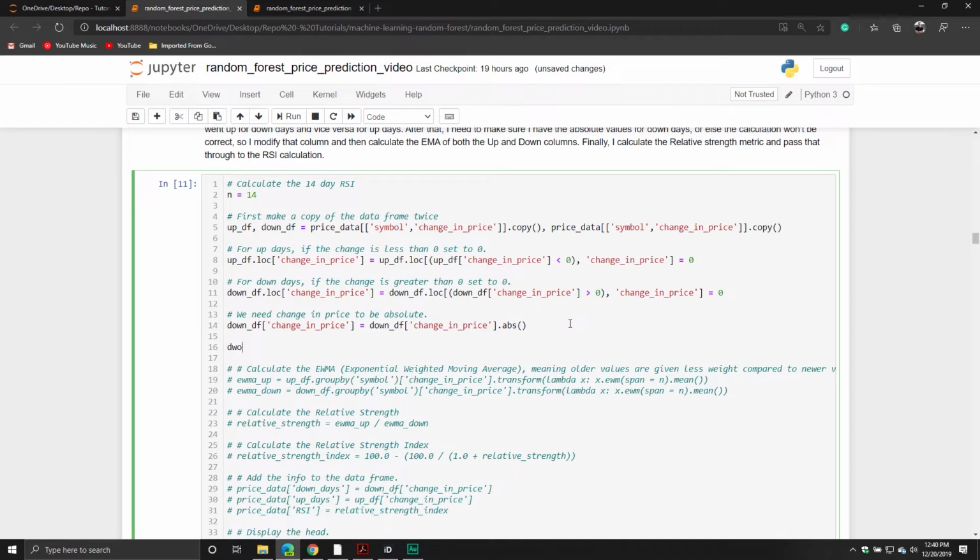So once I've identified the rows where the price dropped, I need to make sure that I take that change in price and I wrap it in an absolute value. So that means if it's negative, it will now be positive. Again, the reason I'm doing that is because this formula does expect positive values. It does not expect negative values.